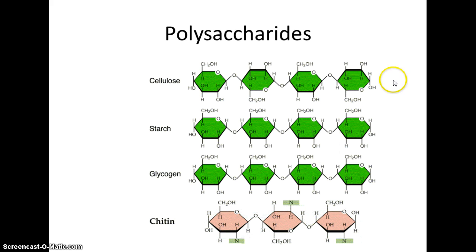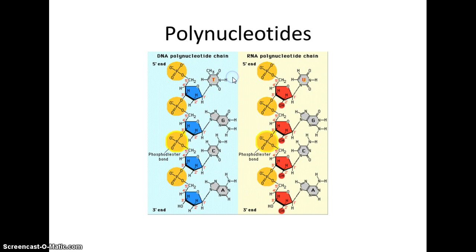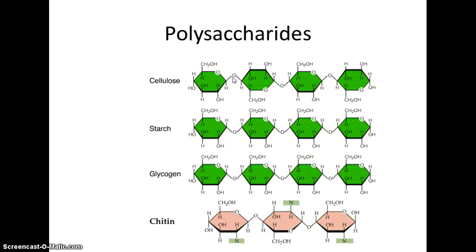So if you look at cellulose and you look at starch, you're going to see it has a different kind of bond. And this is the difference.